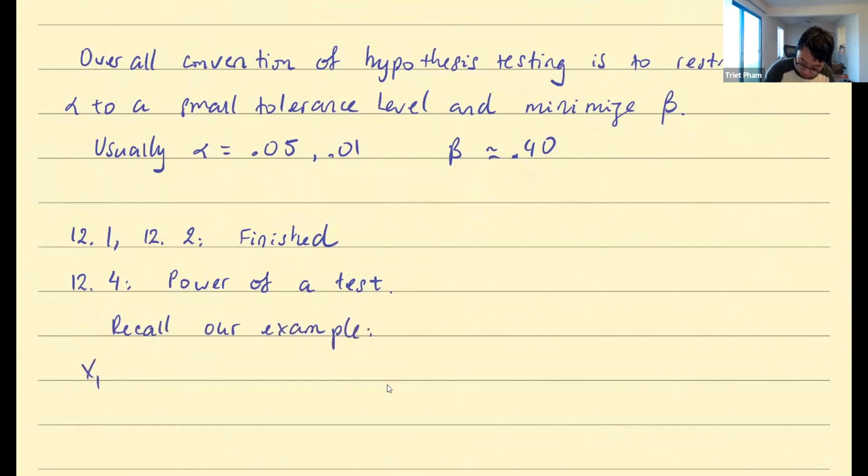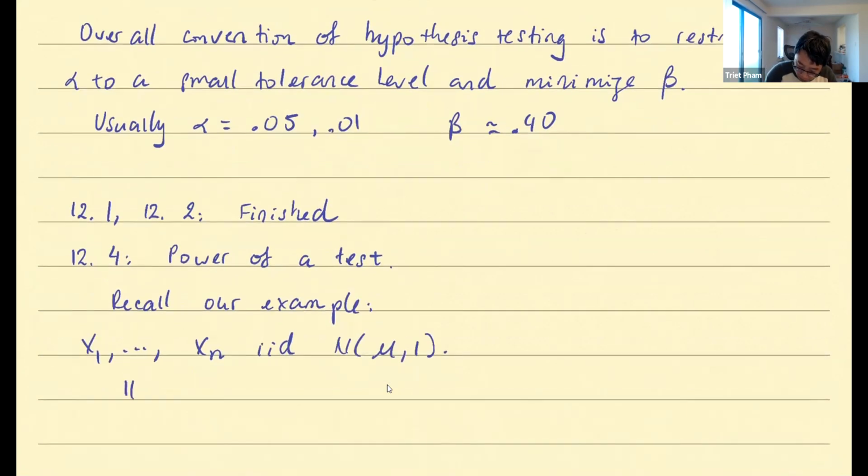We have x1 up to xn, IID, normal, mu, 1. We have the null hypothesis that mu equals 0, and the alternative that mu is equal to 1.